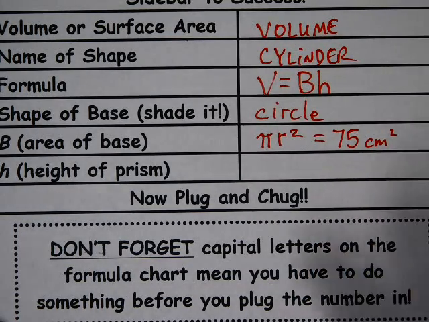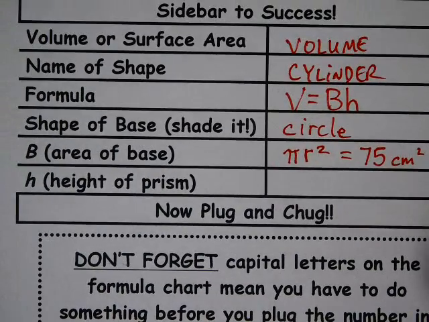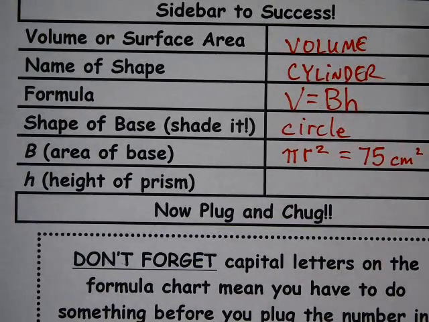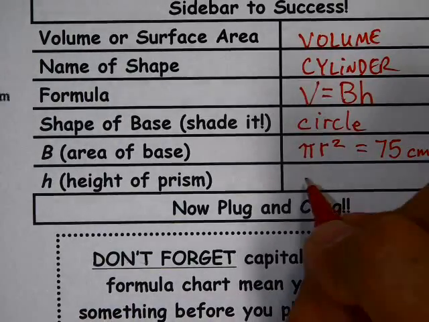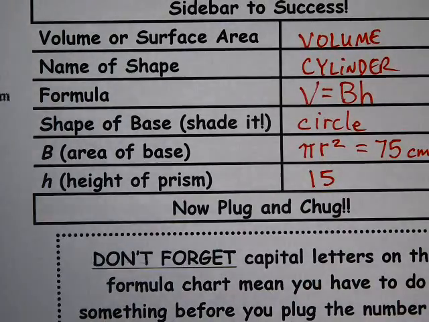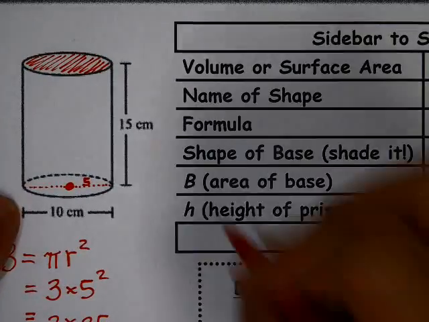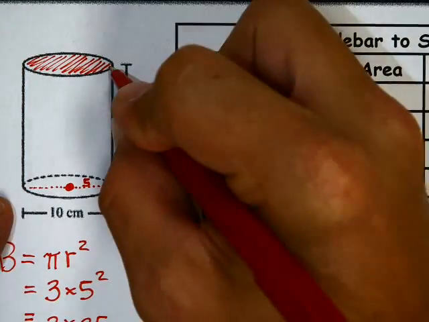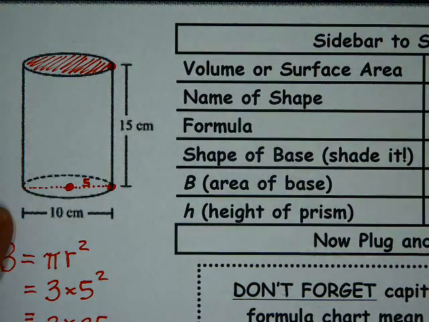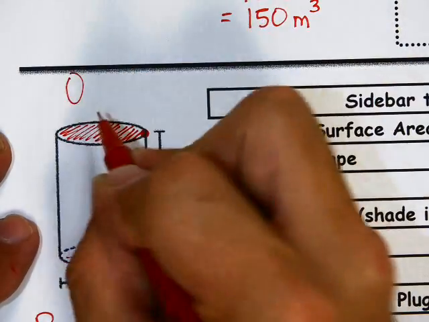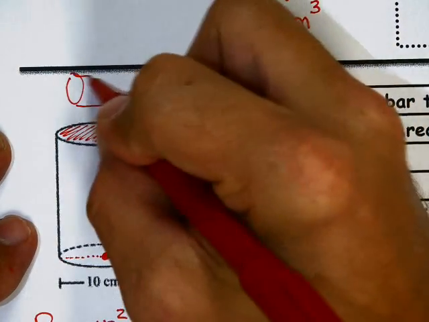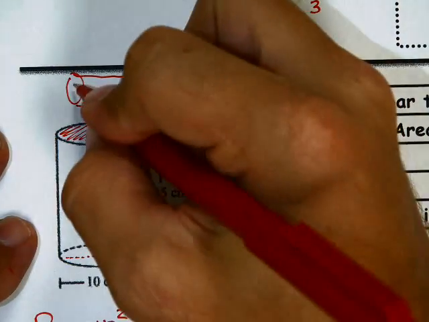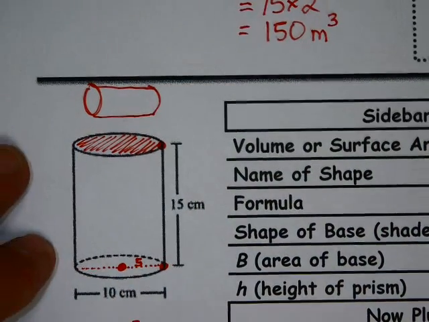The height, again, and here I am. I told you that I like to always deal with the height first, but I didn't do it. However, the height, if you look on your cylinder to the left, is 15. Again, it's this line that connects the two bases. Now, there will be times, and I'm going to draw another one just to show you, where they will draw a cylinder on its side like this.